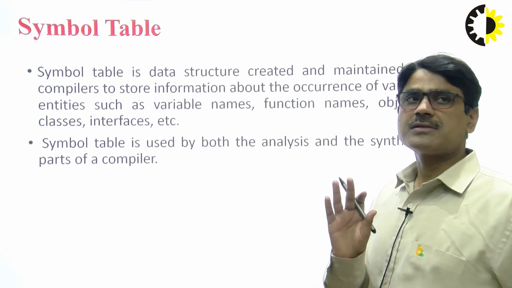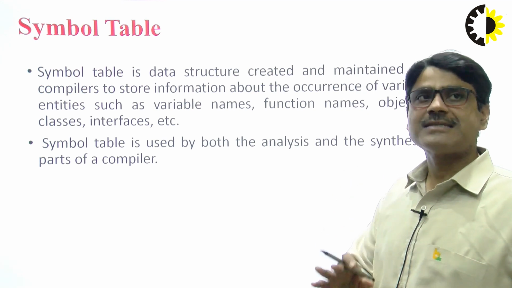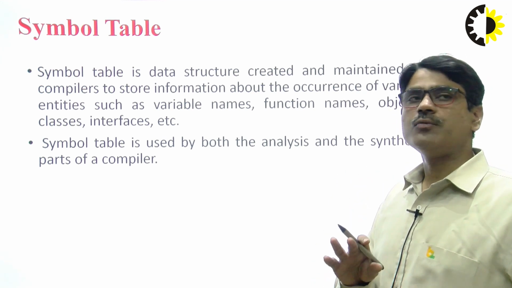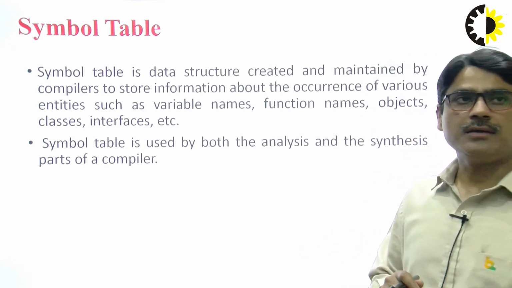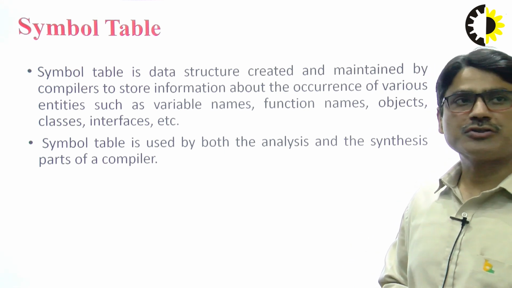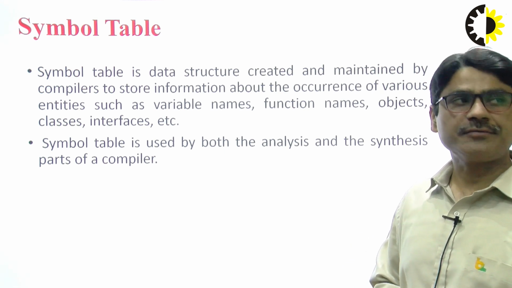That's why it is called created and maintained by the compiler, to store information about the occurrence of various entities such as variable names, function names, objects, classes, and interfaces.